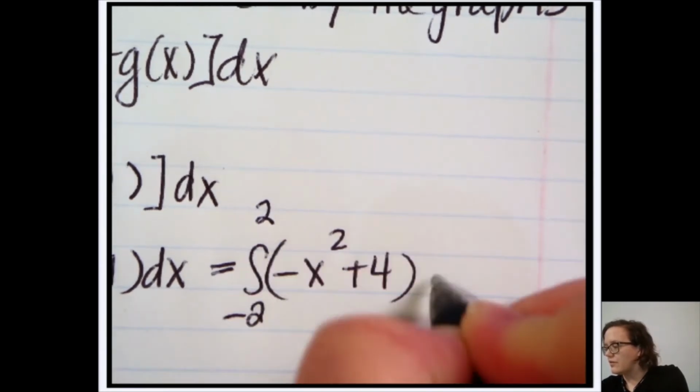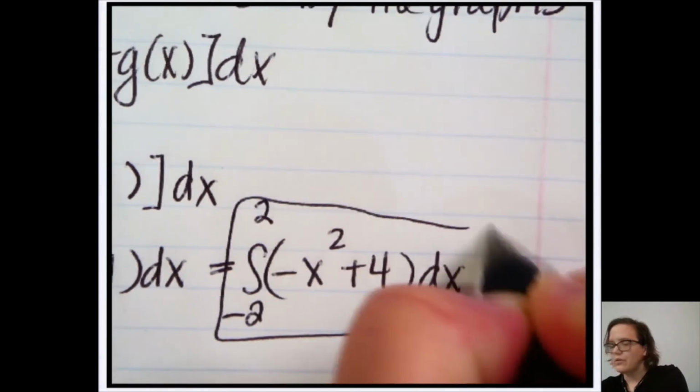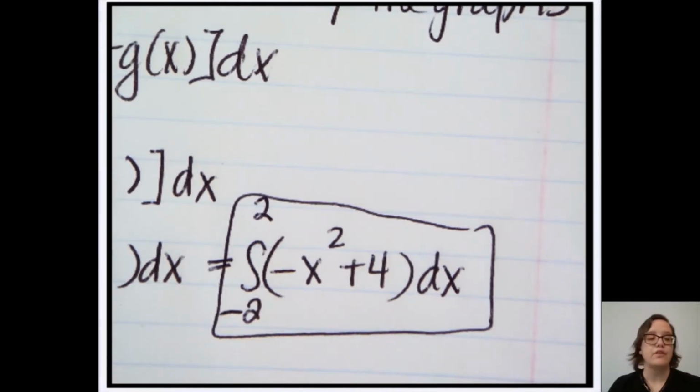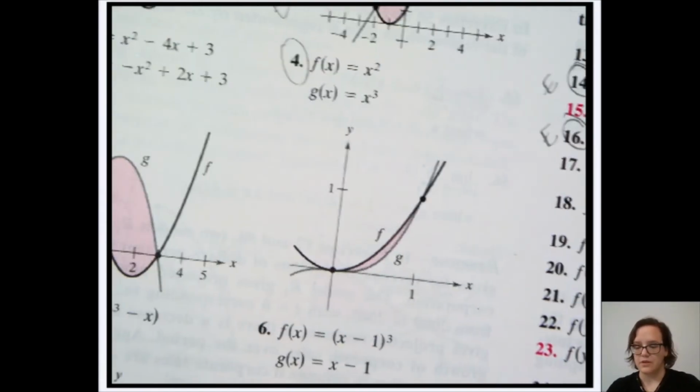So this simplifies into finding the integral from -2 to 2 of negative x squared plus 4 dx. For these first couple, and the first couple tomorrow, I just want you writing the equivalent integral, or the integral that would help us find the area if we wanted it. Okay, so let's look at another one, give you a chance to maybe glean some information.